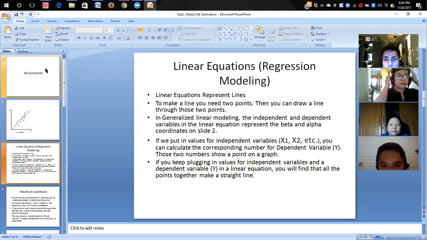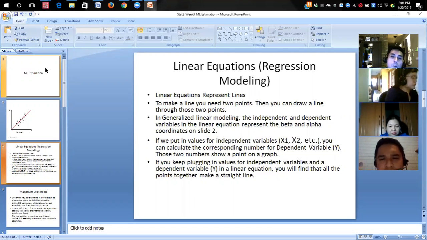But in simple linear regression, you only have one variable, x1, and then it tries to calculate the corresponding number for the dependent variable, which is y. So that's your model. In simple linear regression, it's really just one independent variable and one dependent variable, and how predictive this independent variable is towards the dependent variable.